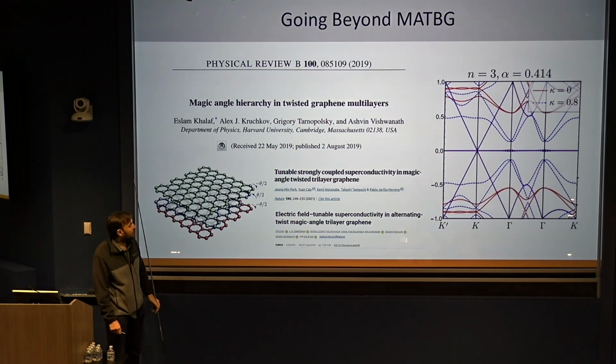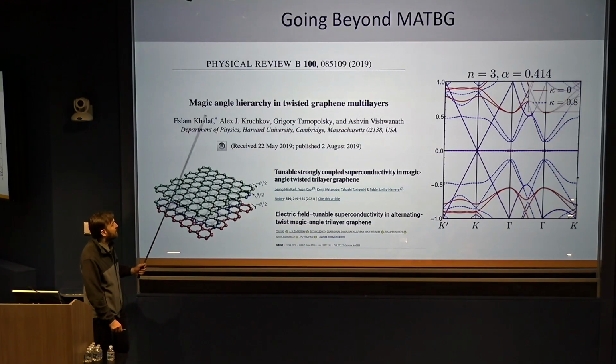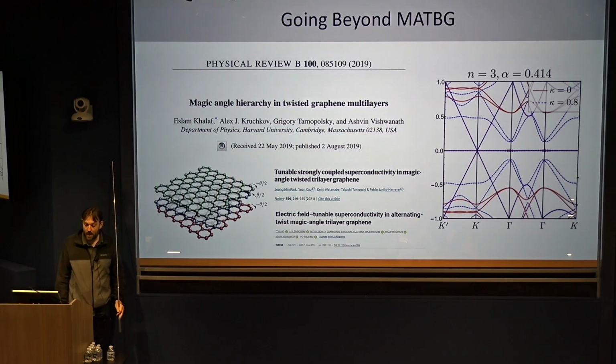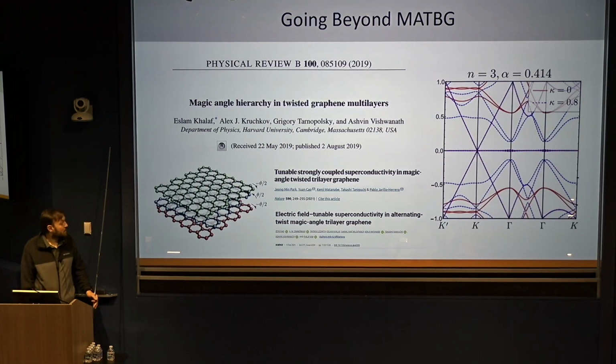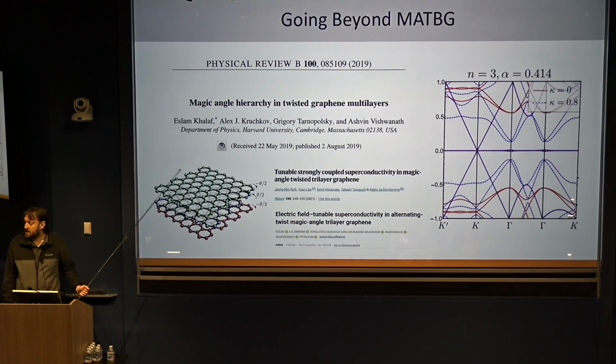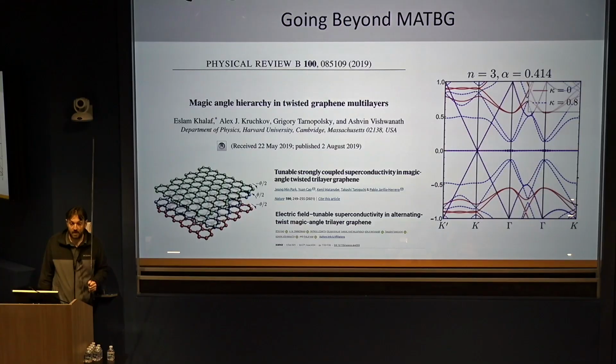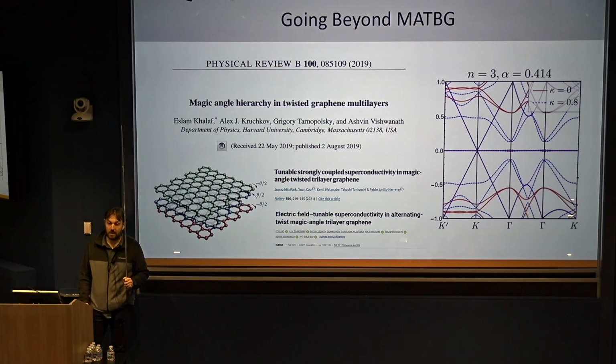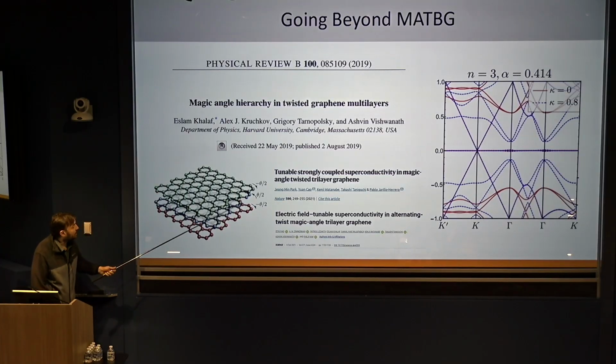And there are fairly straightforward extensions to this system, where instead of just using 2 layers, you can use 3 layers, where nominally the first and the third layer are untwisted, so the relative orientation is 0. And then the second layer is just relatively twisted by some angle theta.